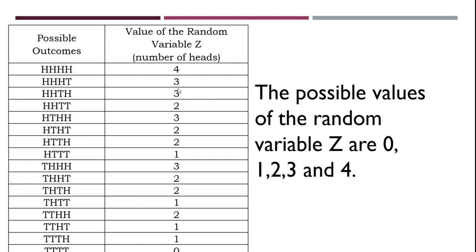That's why the value of z there is 4. In the second outcome, there are 3 heads, so we assign 3, and so on and so forth. All the values listed in the second column under the random variable z are the values of our z. So the possible values of the random variable z are 0, 1, 2, 3, and 4.